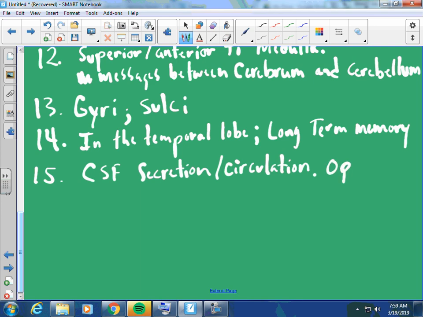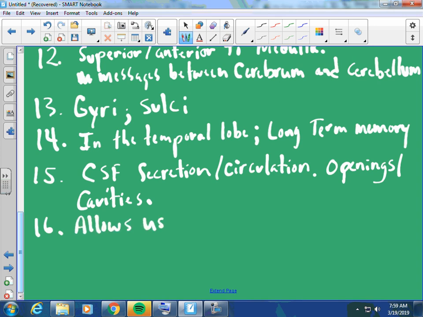They're openings, so they're kind of like cavities in the brain. What is the significance of the olfactory bulbs and tract? What is that involved with? Allows us to process smell, right?